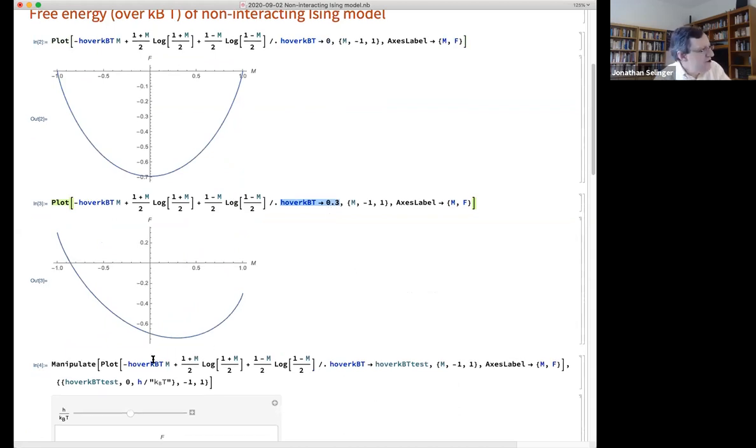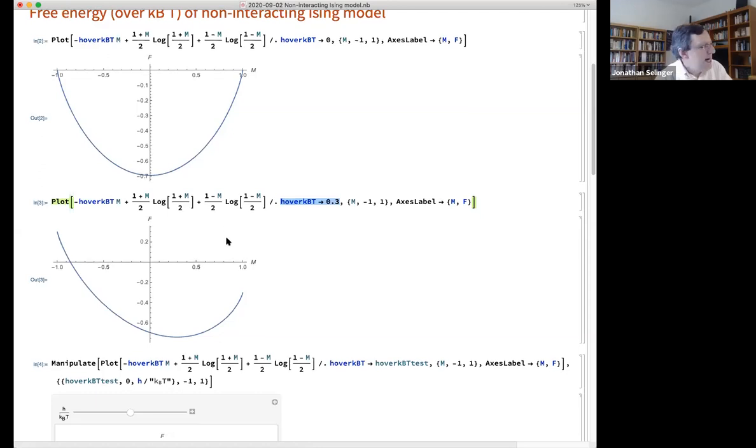In this case, you can see now the plot is asymmetrical. The minimum is no longer at m equals 0. Instead, the minimum is over here at some positive value of m. That means when there's an applied magnetic field, you tend to get this positive value of m.